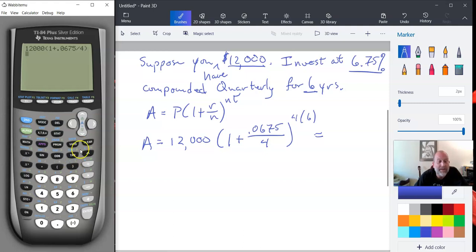Close that up. Now you want to raise it to the N times T power. So if you have some operation going on in the exponent, you need to put parentheses around the exponent. And that was 4 times 6. You could do that in your head. You could just type 24 if you wanted.